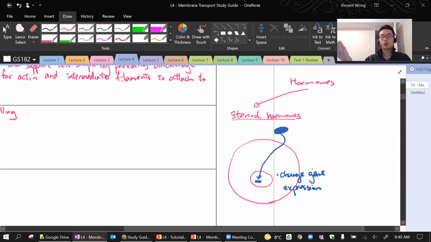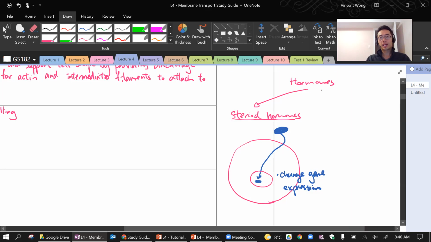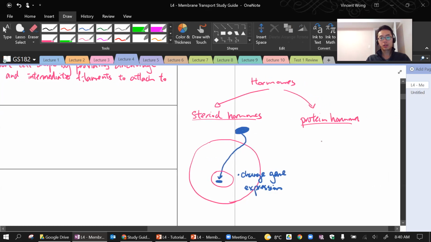Genes encode for proteins, we talked about that. So it will turn on some genes and turn off some genes depending on what steroid hormone it is. But the point is, it's able to go in directly and affect the nucleus. On the other hand, we have the protein hormones. These cannot go into the cell.